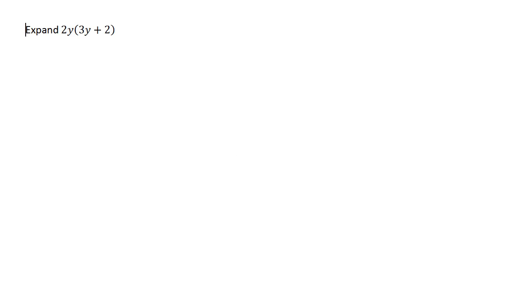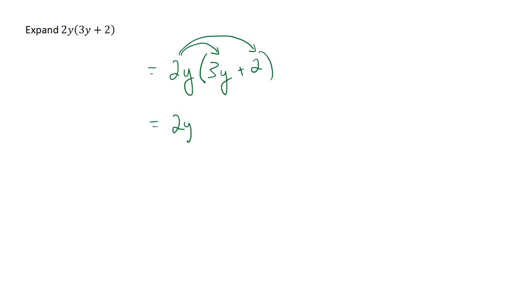In the next example, we're asked to expand 2y times 3y plus 2. Just like in the last example, we're going to take our 2y and use the distributive property on it. That's how we're going to expand. So we have 2y times 3y and 2y times a positive 2. 2y times 3y: 2 times 3 is 6, and y times y is y squared.